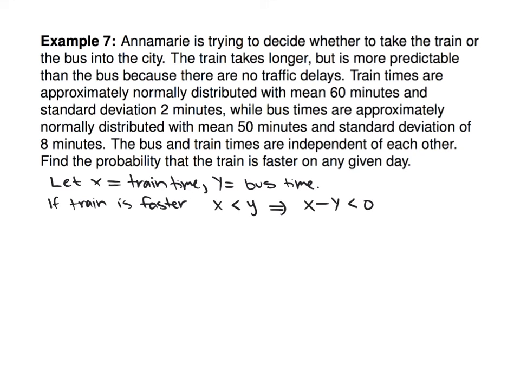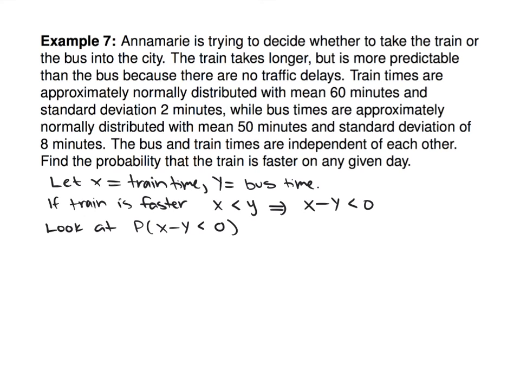So what we're going to do is look at the probability that x minus y is less than 0. And to do that, we're going to need to do a z calculation, and for that we're going to need to find our standard deviation and our mean.